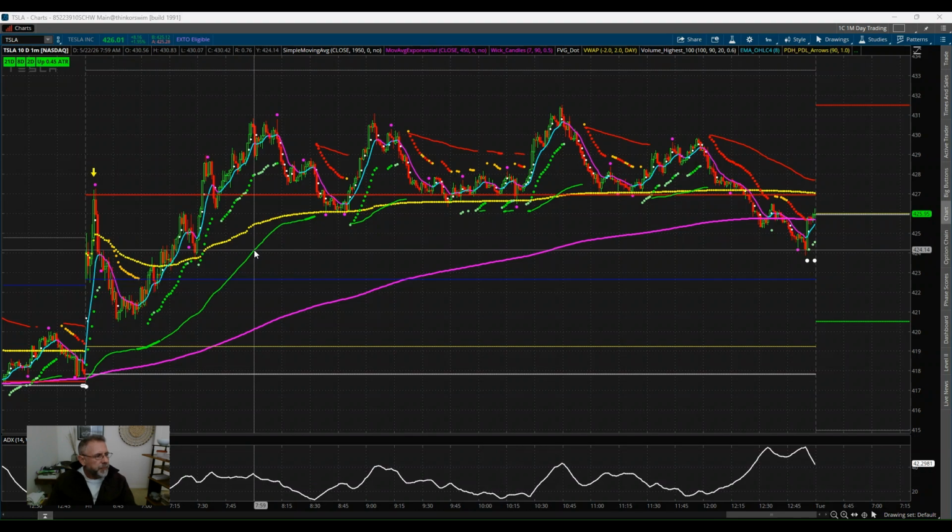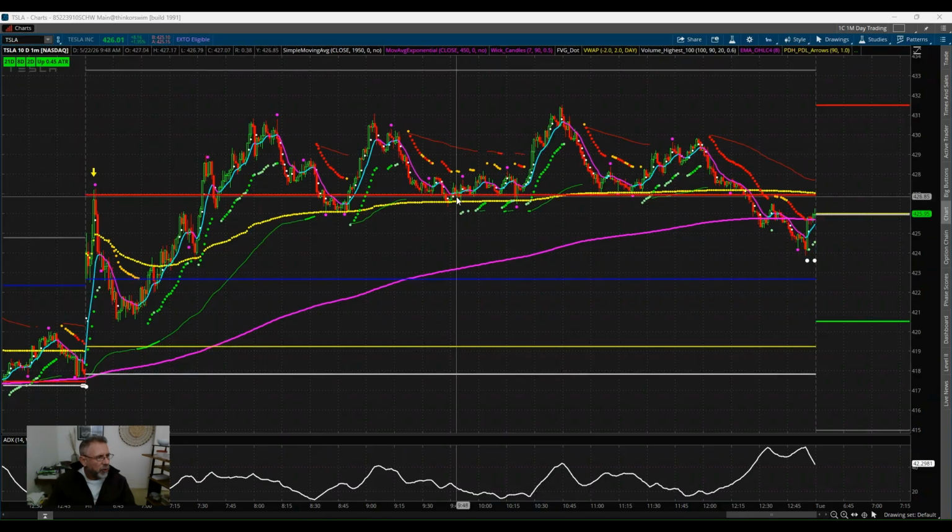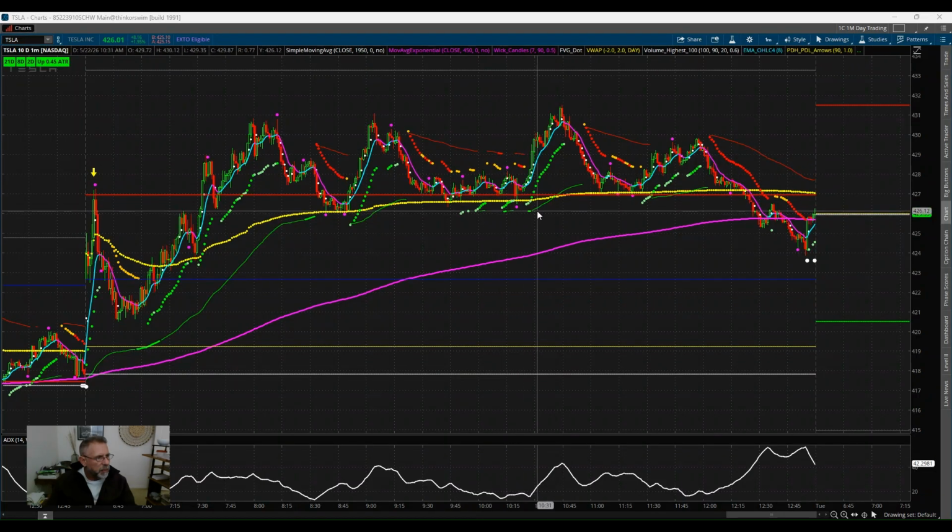As well, you'll notice that it gets thicker in these areas here. So here it's thicker, and then here as well, and it's also thicker right here in a couple of places and also up here. So what is that? Well, that's when the ADX, which is down here along the bottom, I'm a big fan of the ADX.